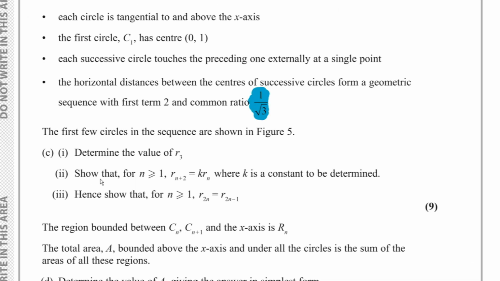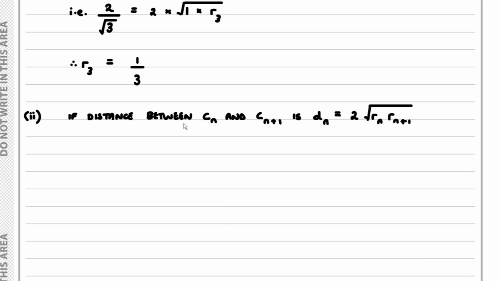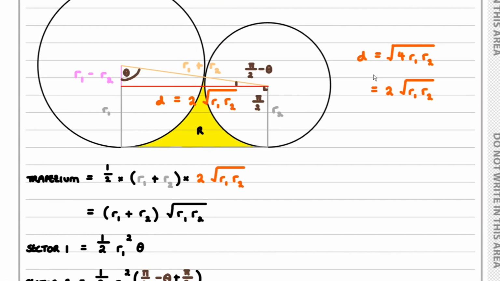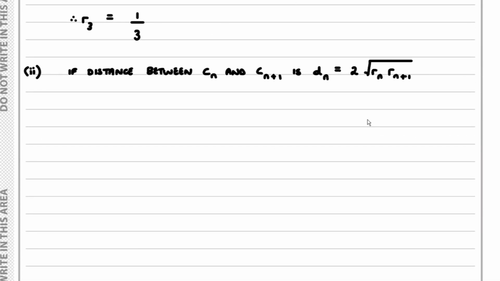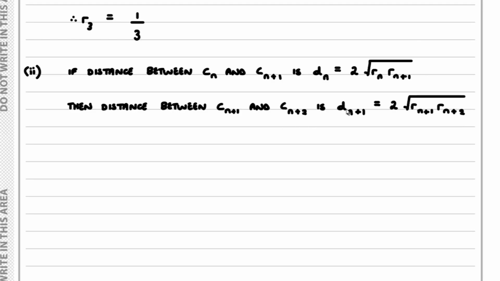For the next part of the question, we have to show that for n greater than or equal to 1, Rn+2 is equal to k Rn, where k is a constant to be determined. So if the distance between Cn and Cn+1 is dn, that will equal 2 times by the square root of Rn Rn+1, and that's quite simply using this formula here. Then the distance between Cn+1 and Cn+2 will be given by dn+1 equals 2 times by the square root of Rn+1 Rn+2.